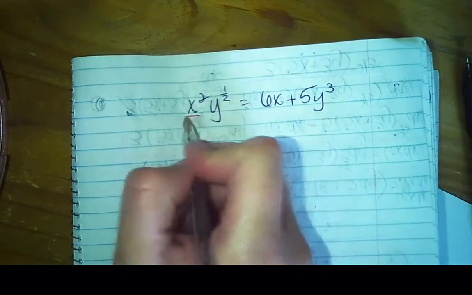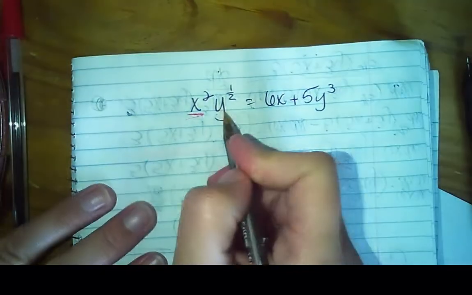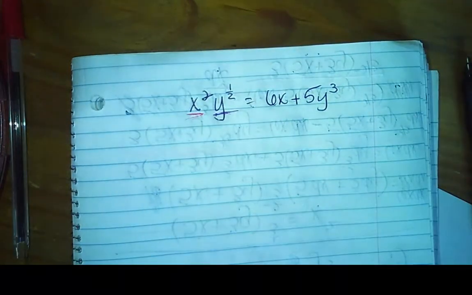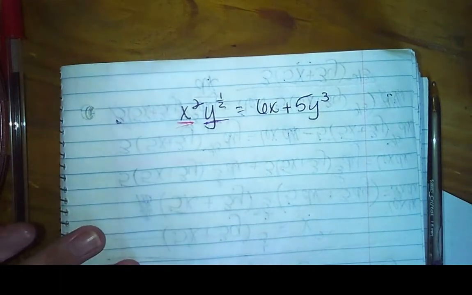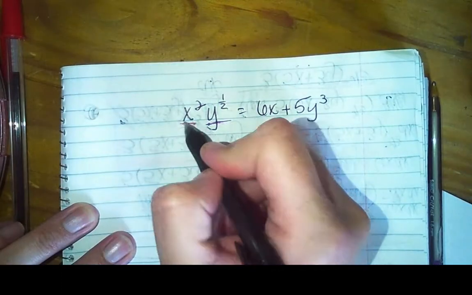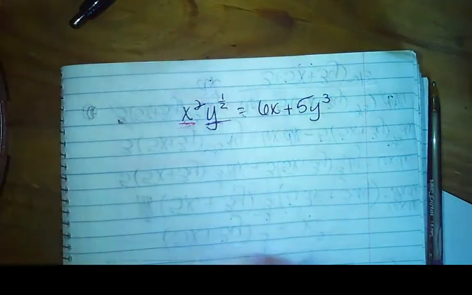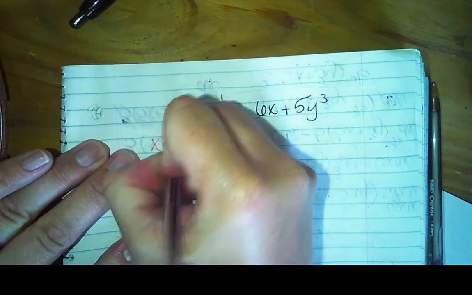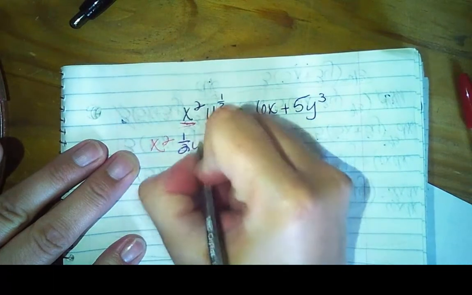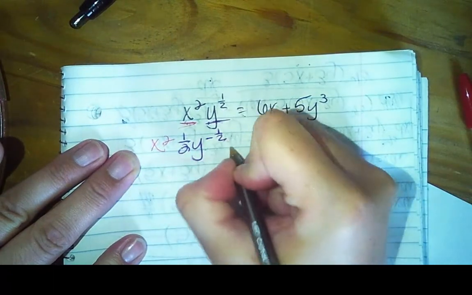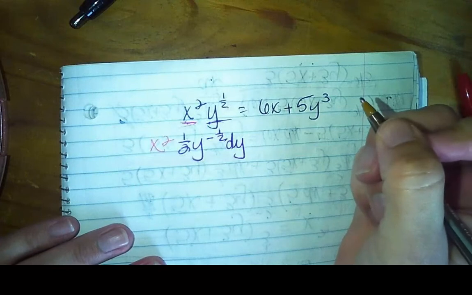I'm going to recognize that this is the first term and this is the second term. And remember that anytime you take the derivative of a variable, you need to multiply it by dx or dy. So I've got the first, which is x squared, times the derivative of the second, which is 1/2 y to the negative 1/2 dy.